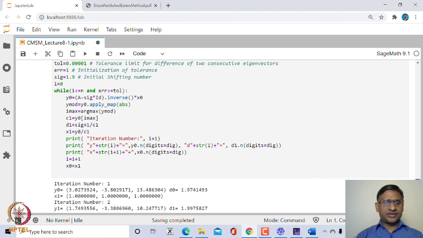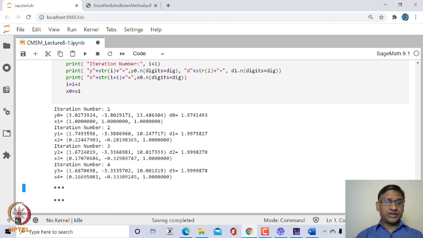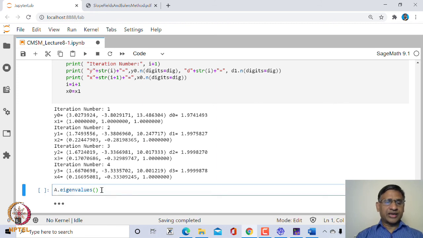When you run this, in this case it requires only 4 iterates, and in the 4th iterate we have obtained this eigenvector, and this should be the eigenvalue. So let us look at what the eigenvalues of A are.